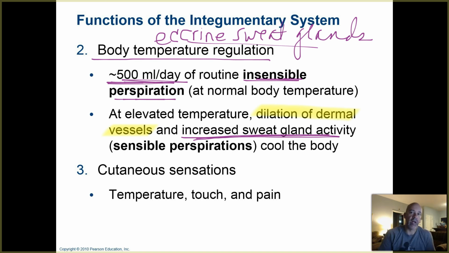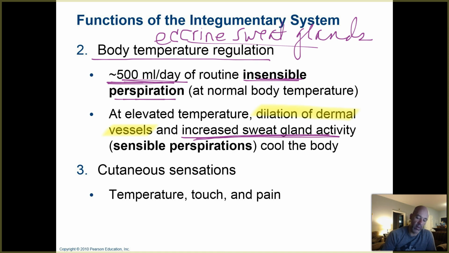So you're going to have increased blood flow to the superficial parts of the body near the surface of the skin, more blood flow into the dermis. Blood that ordinarily would be down deeper in your body and holding on to your body heat would now be arriving near the surface where some of that heat can dissipate. That heat can radiate out of the blood and into the surrounding air. So that's another thing that your body does to help cool itself off.